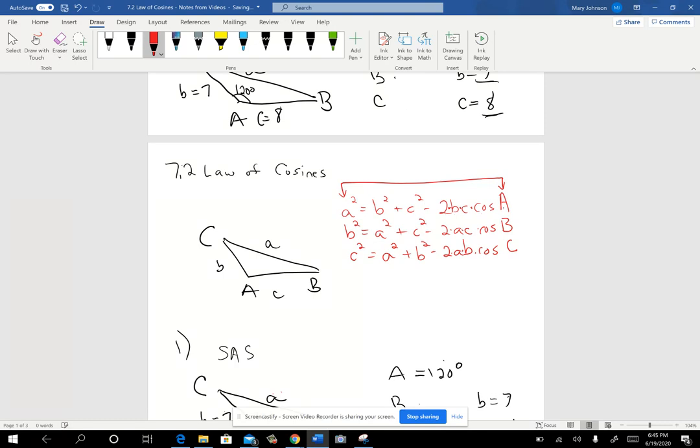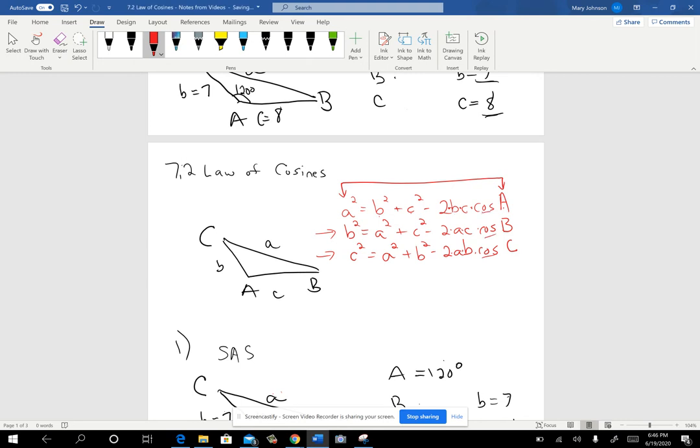Then this needs to be cosine A over here. And you see where the remaining 2 sides would go? Then these are just 2 other forms, but it's basically that same concept. Whatever side is over on the side by itself, that's what's over here for the angle that you do the cosine of. And it's called the law of cosines because you use cosine in it.